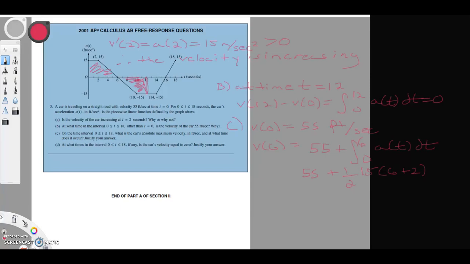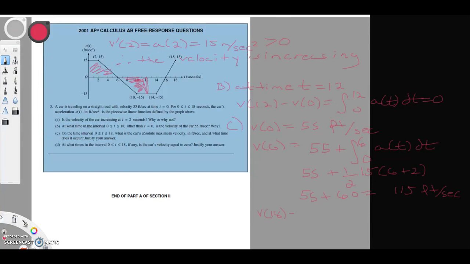Half of 8 is 4, and 4 times 15 is 60. So it's 55 plus 60 equals 115 feet per second. And now you would also have to check v of 18.